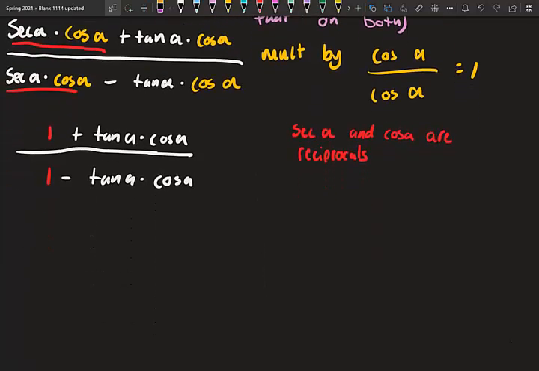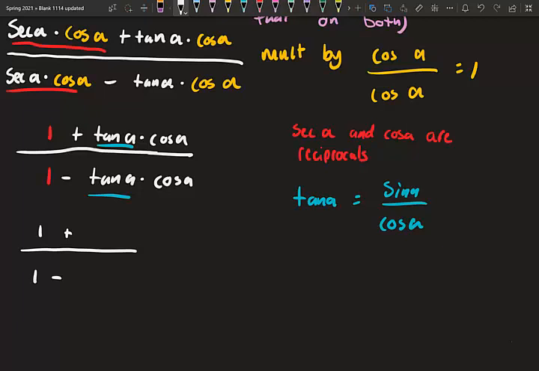We can switch tangent because tangent A is the same thing as sine A over cosine A. So we switch our tangent to sine A over cosine A, still times our cosine A. We can cancel out our cosines.